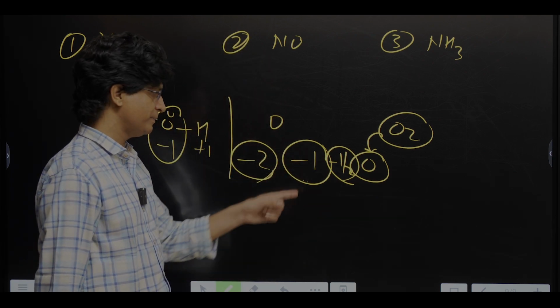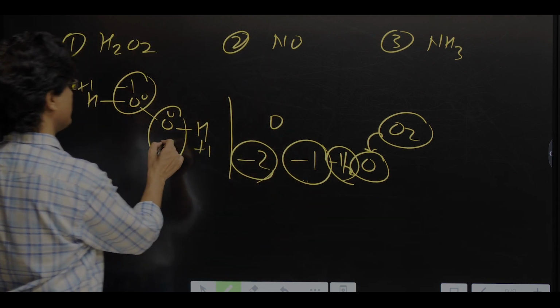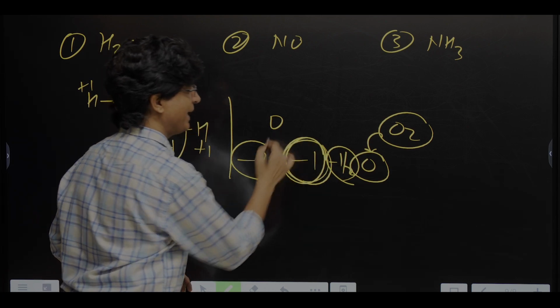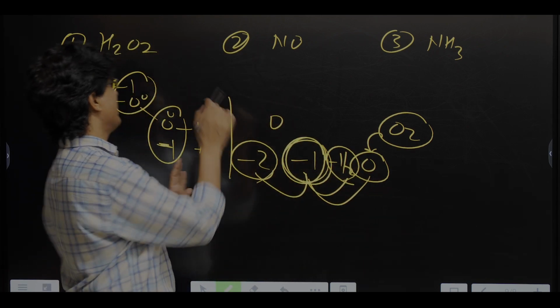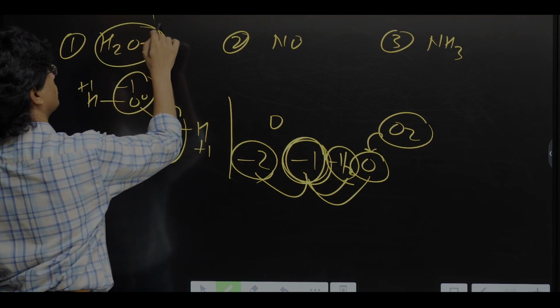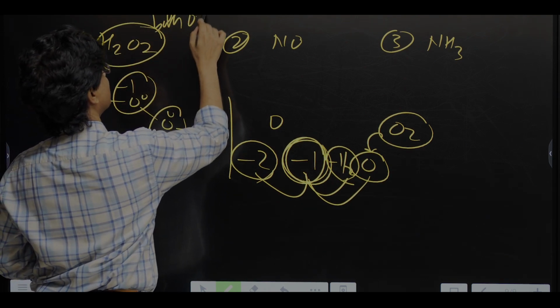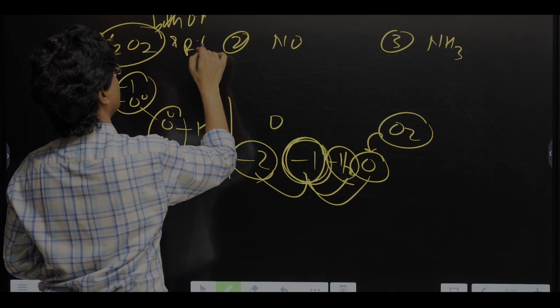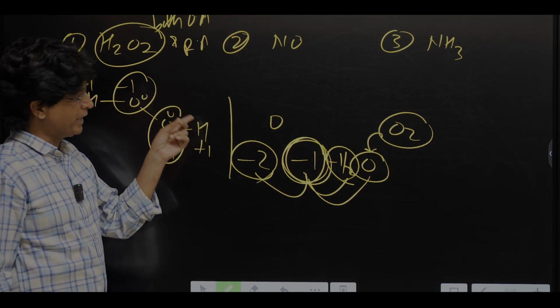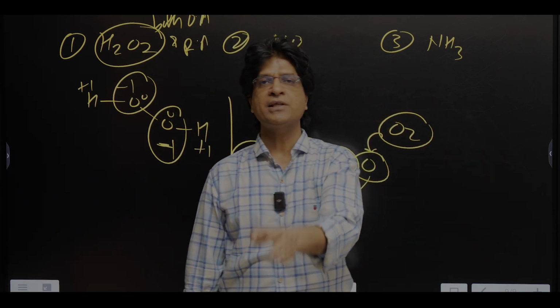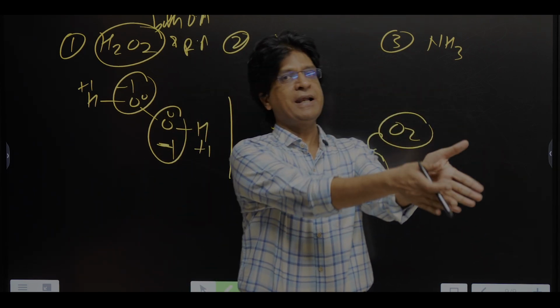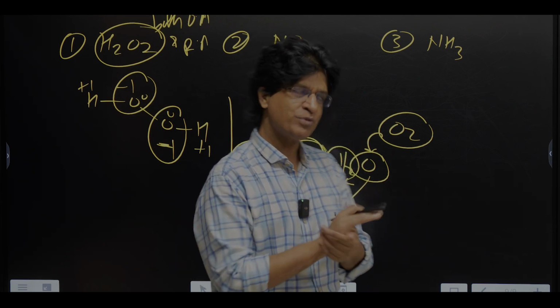So right now oxygen is in the -1 state, and it can go both ways. So H2O2 can act both as an oxidizing agent and a reducing agent. In the beginning of the lecture, I told you that H2O2 can act as an oxidizing agent as well as a reducing agent in acidic as well as basic medium. Is that clear?